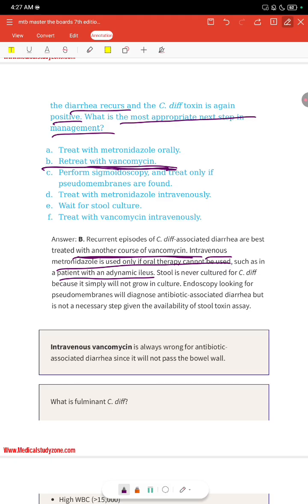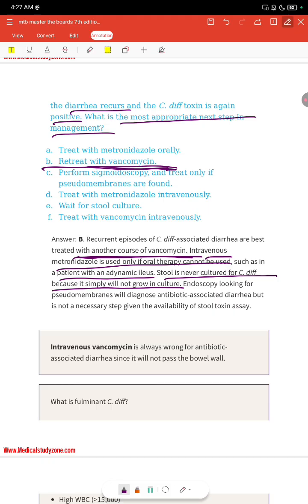Stool is never cultured for C. difficile because it simply will not grow in culture. Endoscopy looking for pseudomembranes will diagnose antibiotic associated diarrhea, but is not a necessary step given the availability of stool toxin assay. So the stool toxin assay is already positive, so you don't need to go for endoscopy.